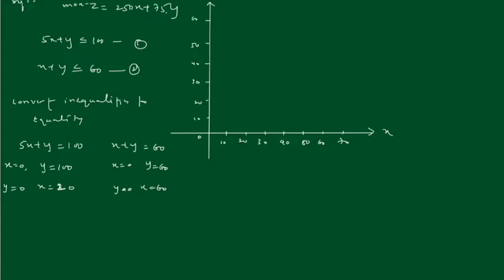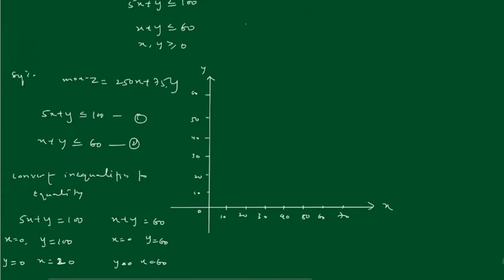The y value goes up to 100, so you can extend it up to 70, 80, 90, 100, right?